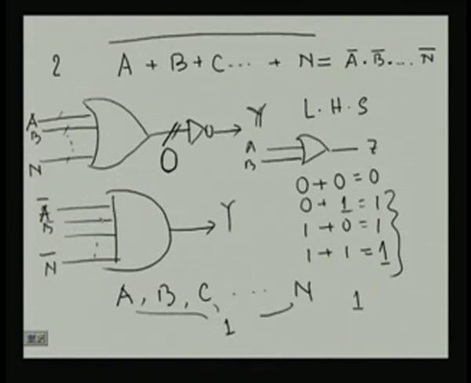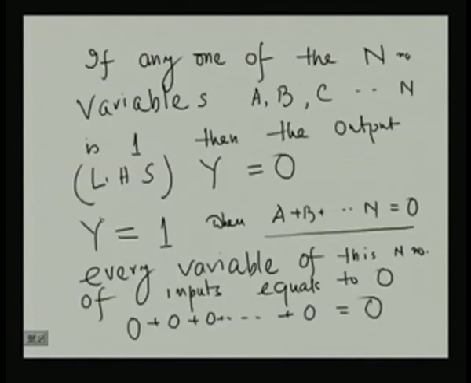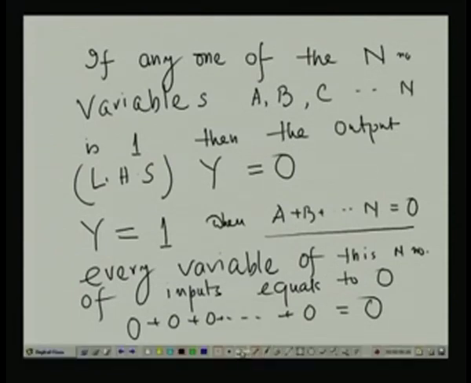So, if we take just like the AND gate, two input AND gate, what is the logic?